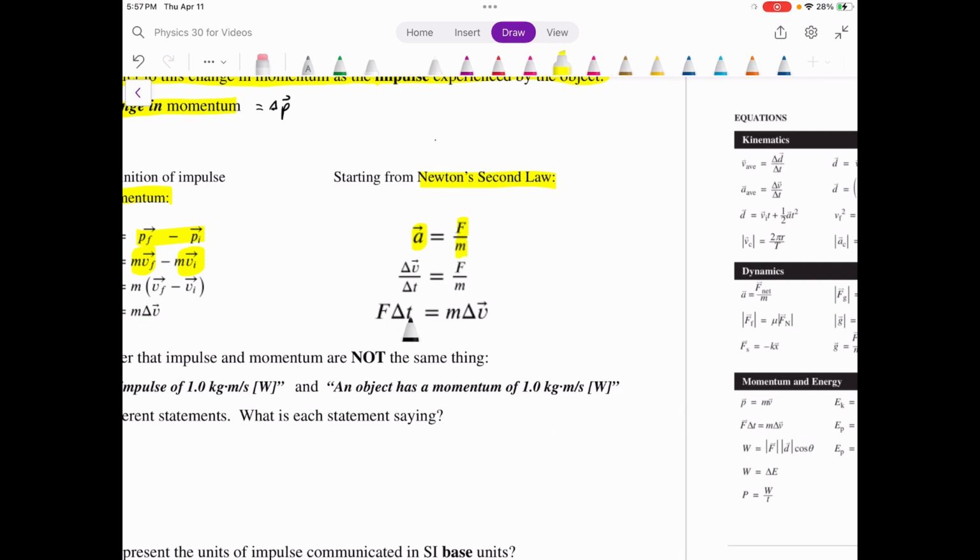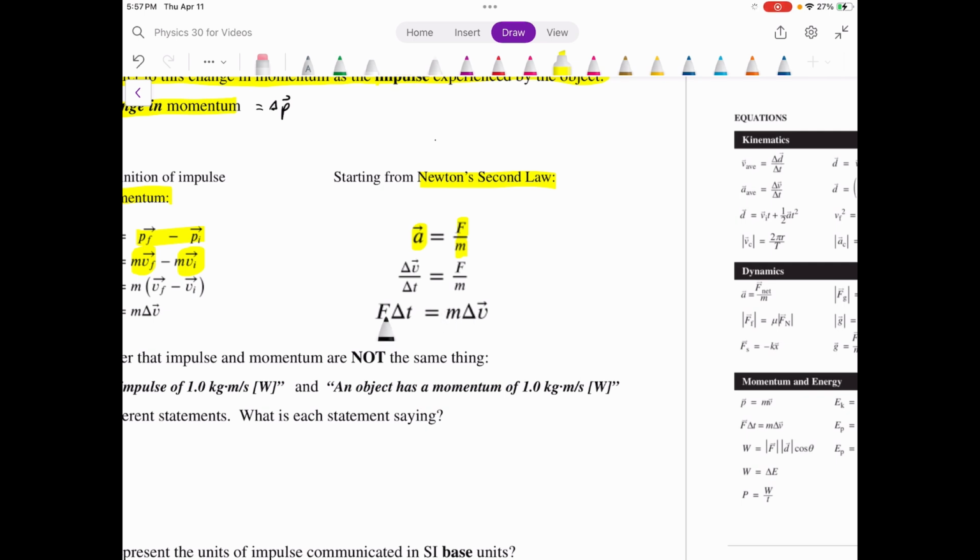The force times the time is equal to the mass times the change in velocity, okay? An impulse is a change in momentum, okay? So how strong the force was times how long it was acting on the object will tell us how much the object's momentum will change by.